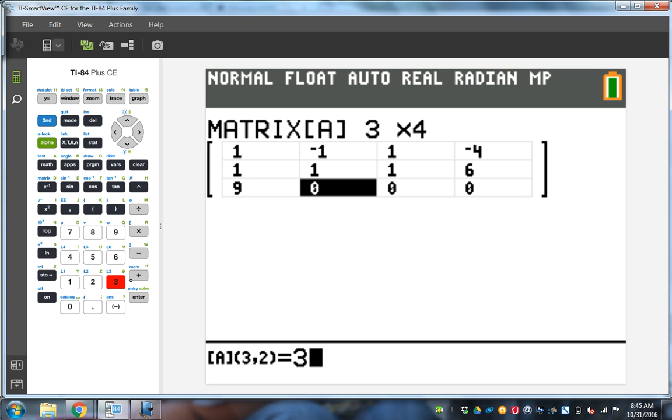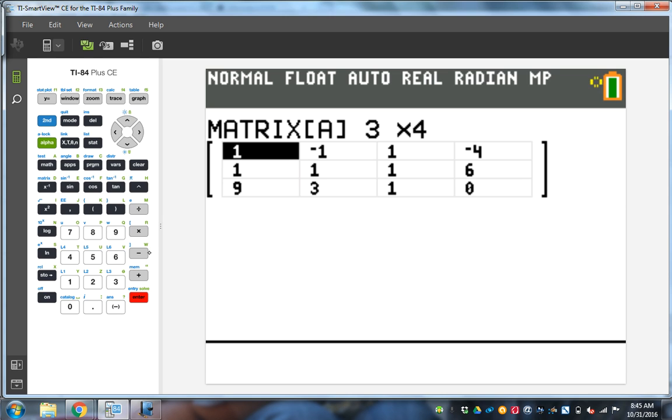Nine, 3, 1. And so I've got this matrix set up here, and I'm going to run the RREF on it.